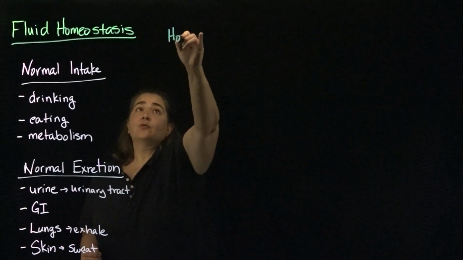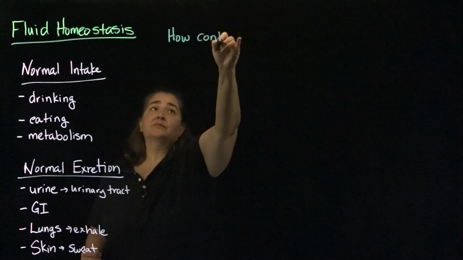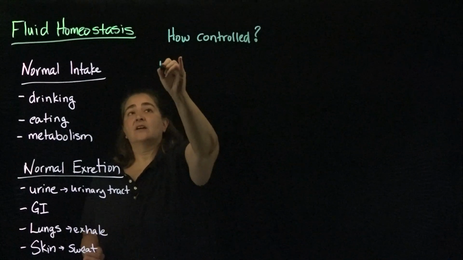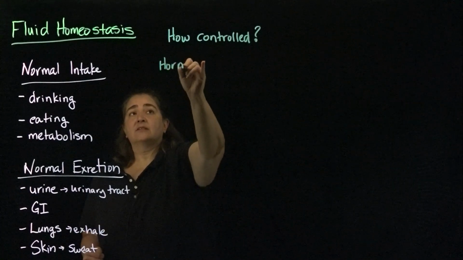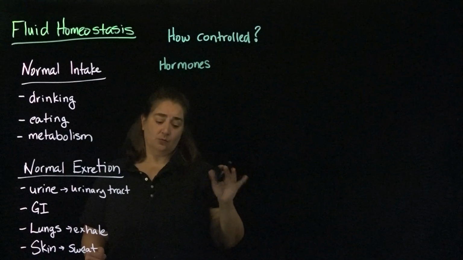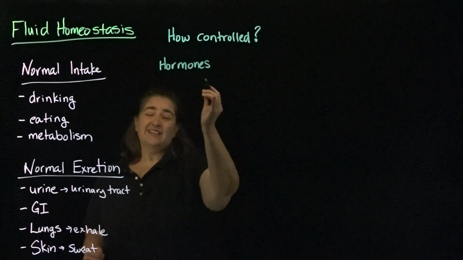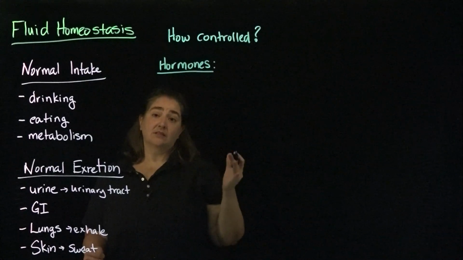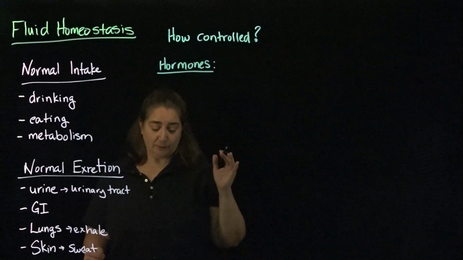How this is controlled: I'm going to talk a little bit about some of the hormones involved in water balance. This is not going to be exhaustive of what happens.